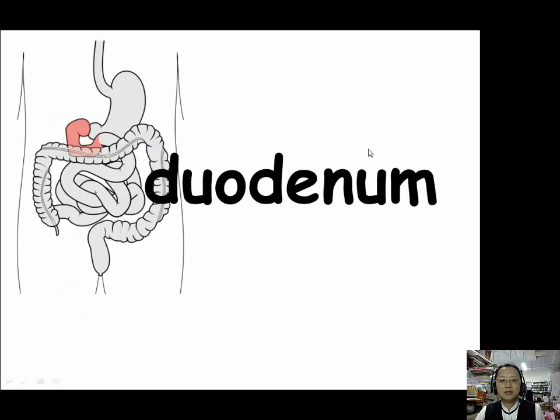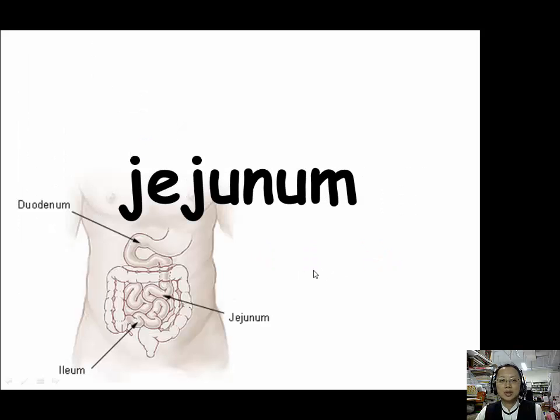For intestines, we have one prefix, entero, E-N-T-E-R-O. For duodenum, which is this part of our small intestines, we have duodeno, D-U-O-D-E-N-O. For jejunum, the part of small intestines connected to duodenum, we have jejuno, J-E-J-U-N-O.